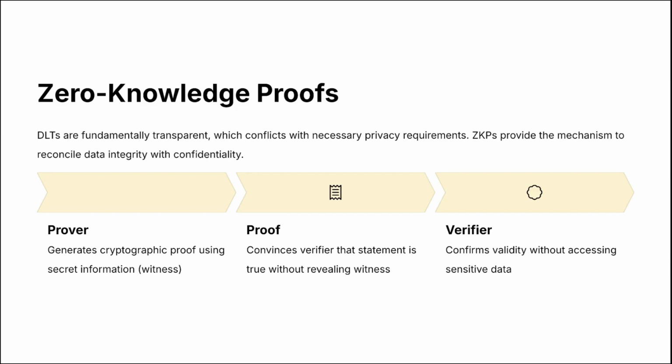That proof is then sent to the verifier, who checks its validity, and then the verifier can be fully convinced that the statement is true, yet they gain no access to the underlying sensitive data. In essence, ZKPs provide a powerful way to reconcile transparency with confidentiality, enabling data to be verified on-chain without ever exposing it. This makes them a foundational tool for privacy-preserving blockchain applications.